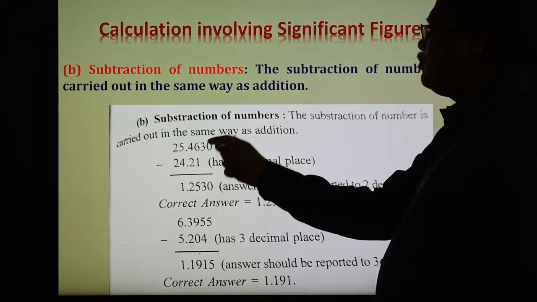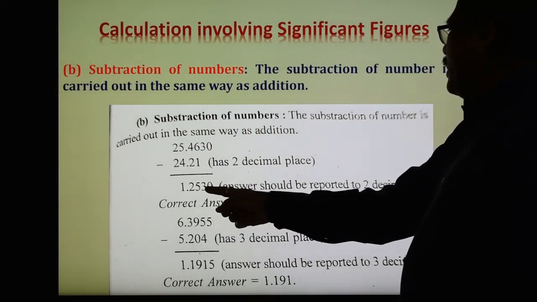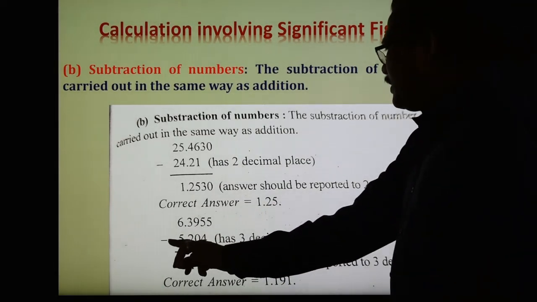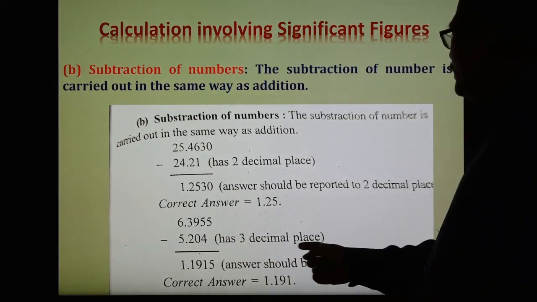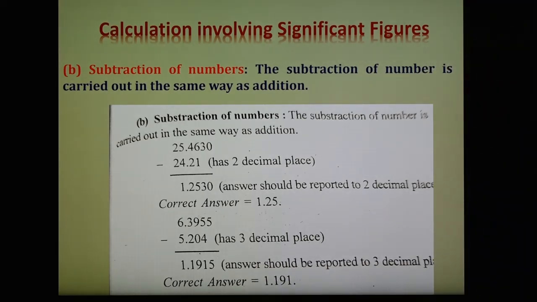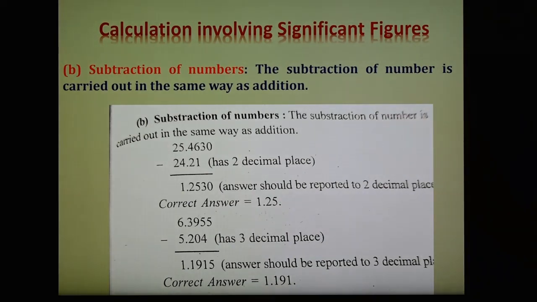So the final result should be reported up to 2 decimal places, and the correct answer is 1.25. In a similar way, in another example, this number minus 5.204, which has 3 decimal places, the result should be reported up to 3 decimal places, and therefore the correct answer is 1.191.